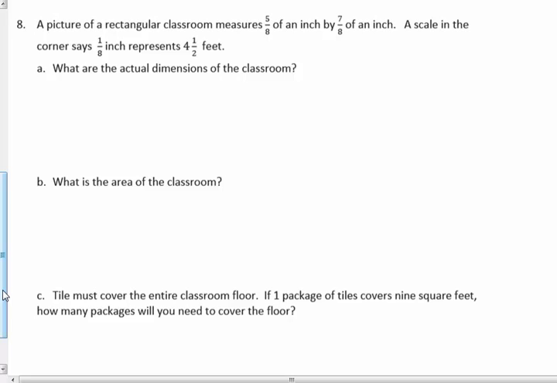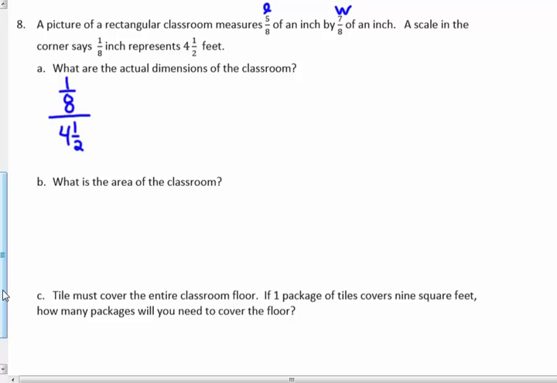Okay, so I'm going to take this one first. Maybe this is the length and this is the width, let's just say. If 1/8 is really 4.5 feet, I'm going to use that scale. So 1/8 is 4.5 feet.